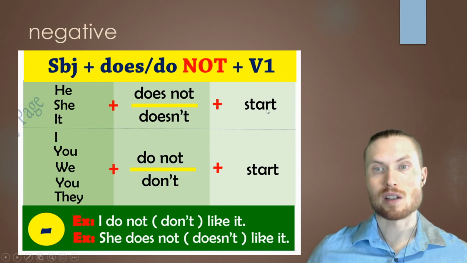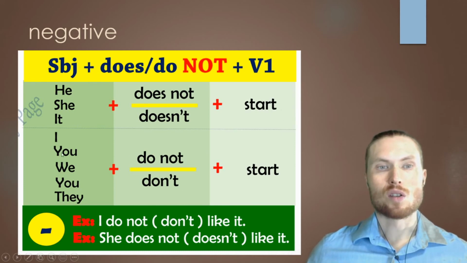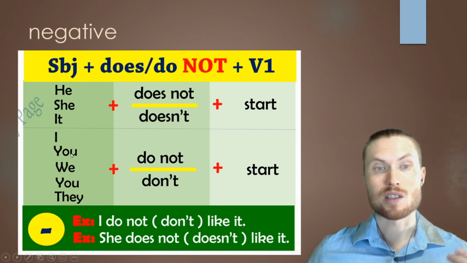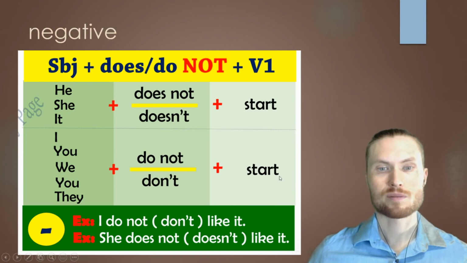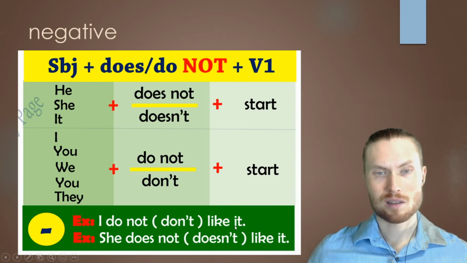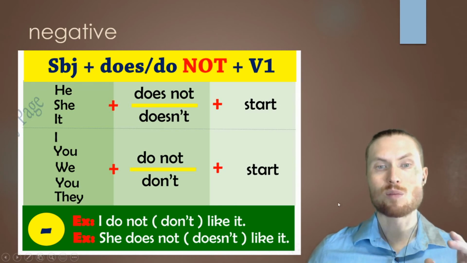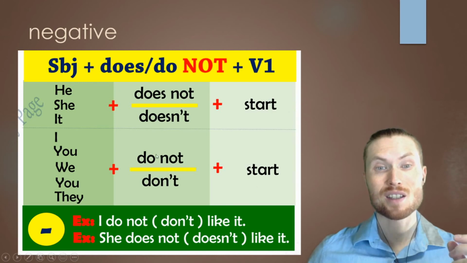It doesn't start until 10 o'clock, for example. Or with the plural plus I and you, they don't start. So here's some examples. I don't like it. She does not like it. So this is more difficult because we have to add the helping verb do in a negative sentence.